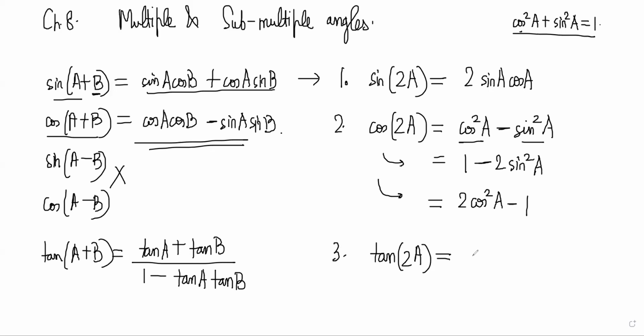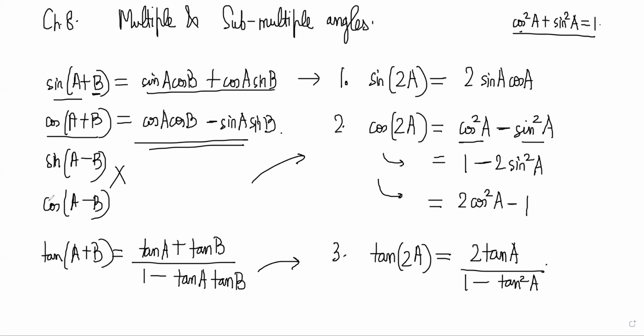Yes. 2 tan a by 1 minus tan square a. So everything is coming from old formulas. So you need to see the connections. Fine. So these are your double angle formulas.